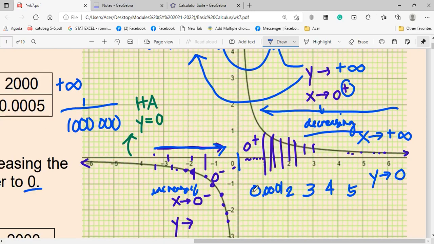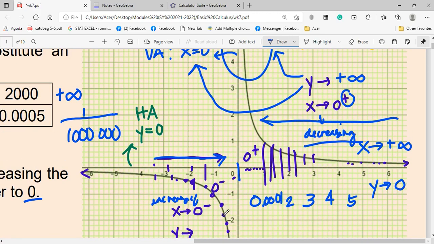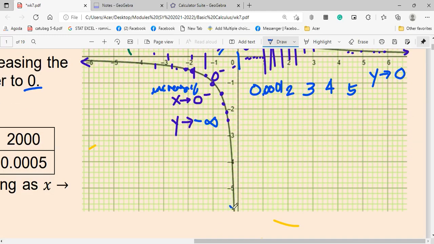At tinan naman natin ang behavior ng isa. As x values get closer to 0 from the left, what happens to y? Y just keeps on decreasing. And you see the indication on the graph. Kahit ano ang gawin mo, class, kahit magbigay ka ng number na negative, 0.00000001, kapag lalapitan mo ang 0 from the left, the number is always negative.